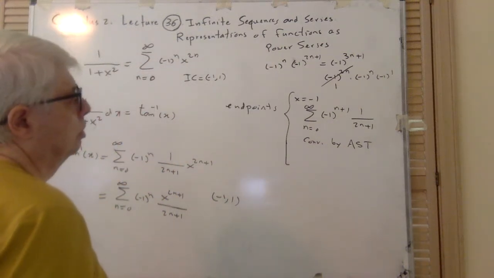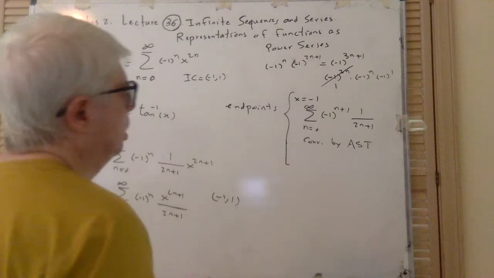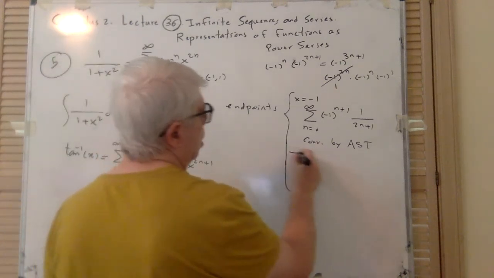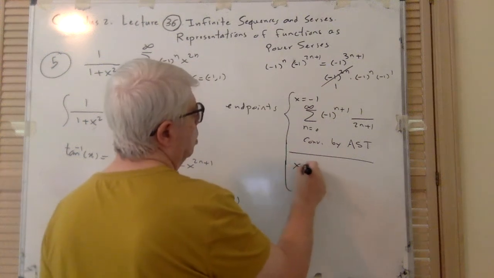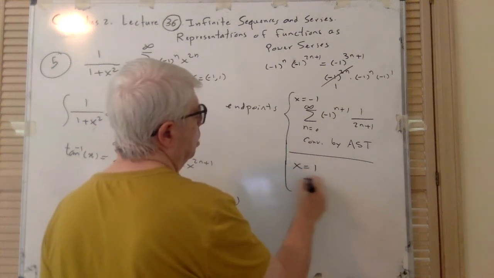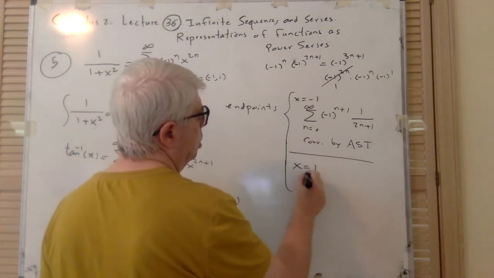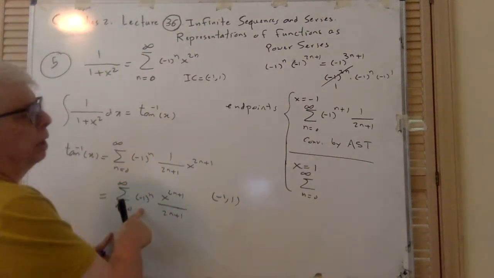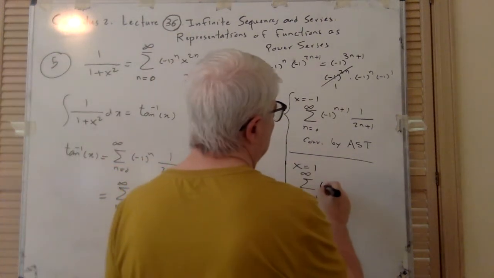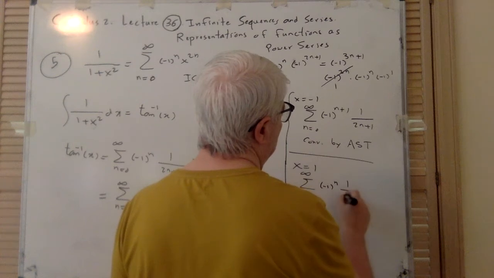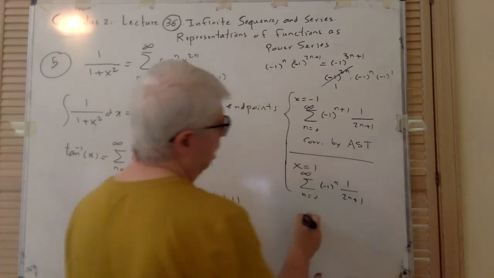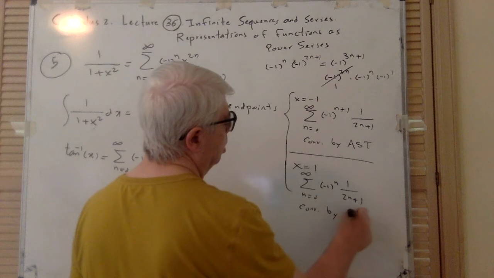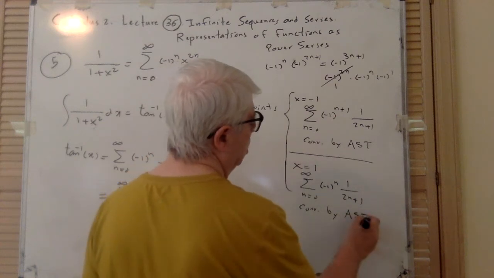Now what happens at x equals 1? At x equals 1, I get sigma from 0 to infinity, there's a negative 1 to the power n already here, so negative 1 to the power n of 1 over 2n plus 1, again convergent by alternating series test.